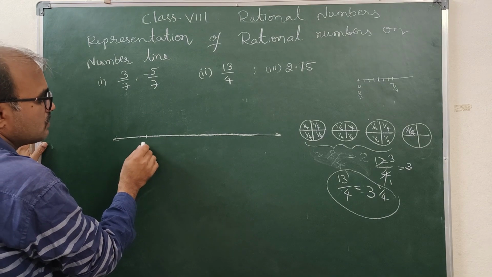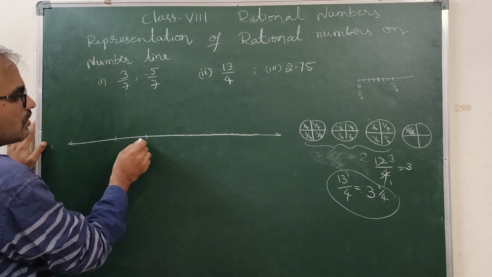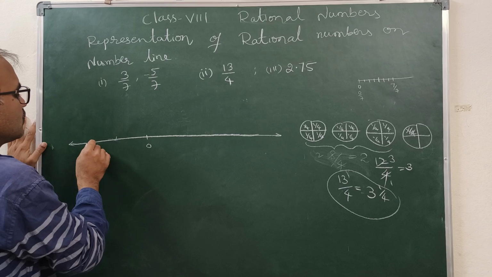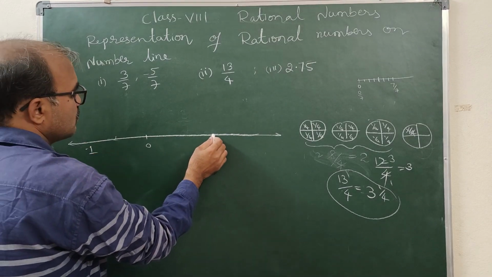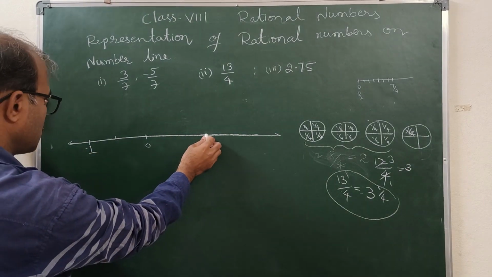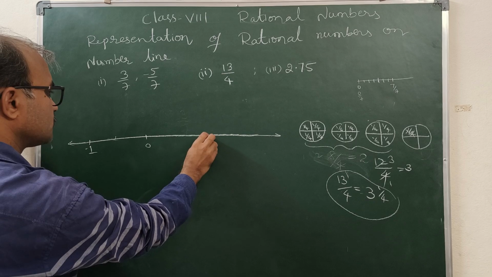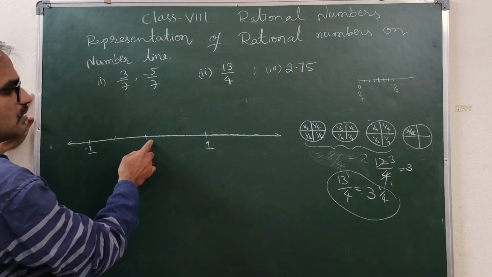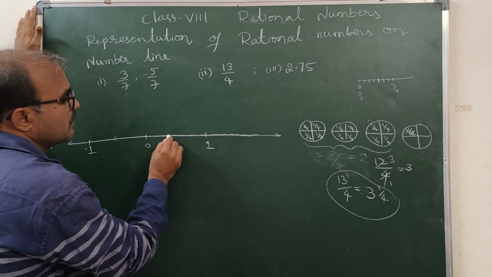So you write here 0, as we have to write minus also. So let us increase somewhat. So this is 0, this is minus 1. We have to maintain equal distance. I am approximately maintaining. You must use a ruler. This is 1. Now this part should be made into 7 equal parts.